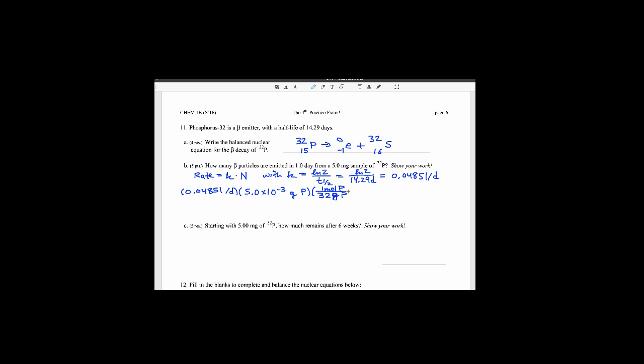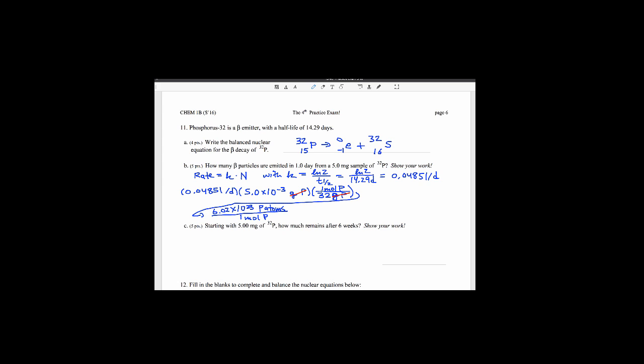So grams of phosphorus will cancel. And then we want how many particles are emitted. So let's just go to the next line to have some space here. There are 6.02 times 10 to the 23rd phosphorus atoms per mole of phosphorus.